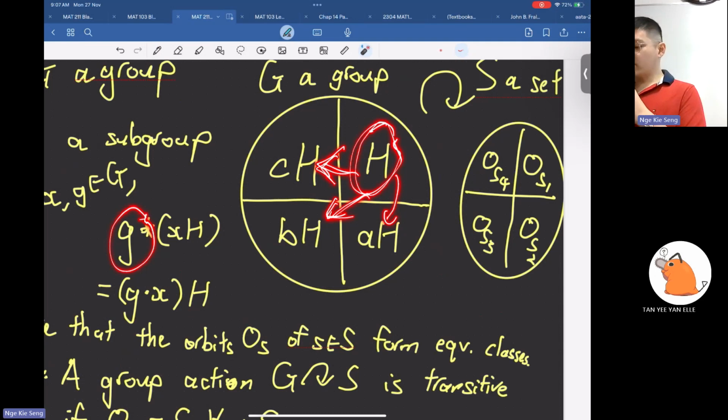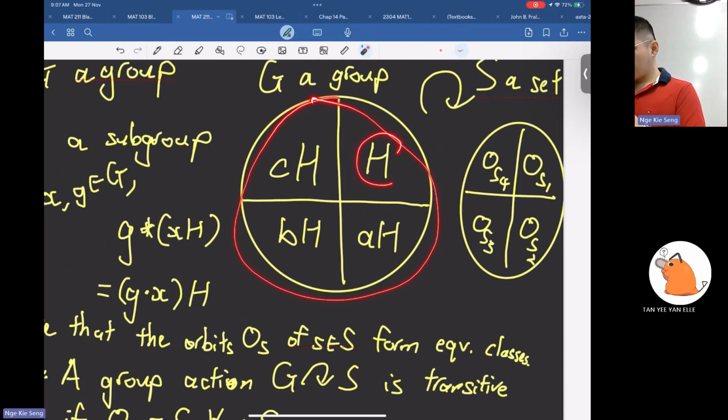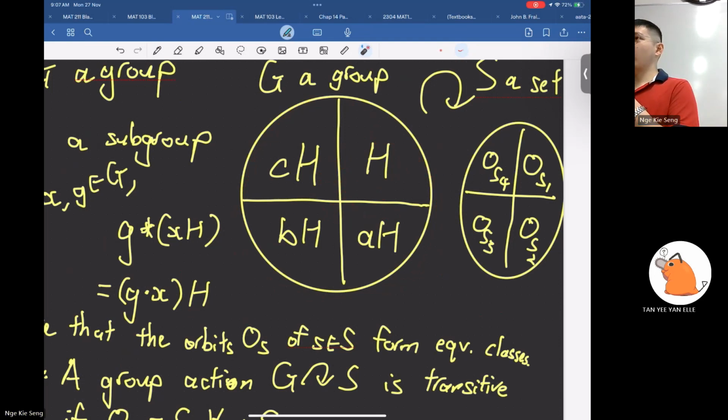From this picture, is it true that I can get from H to the other cosets? How? I just multiply my H by C, B, and A, then I can reach all the cosets. So all these cosets are in the same orbit.